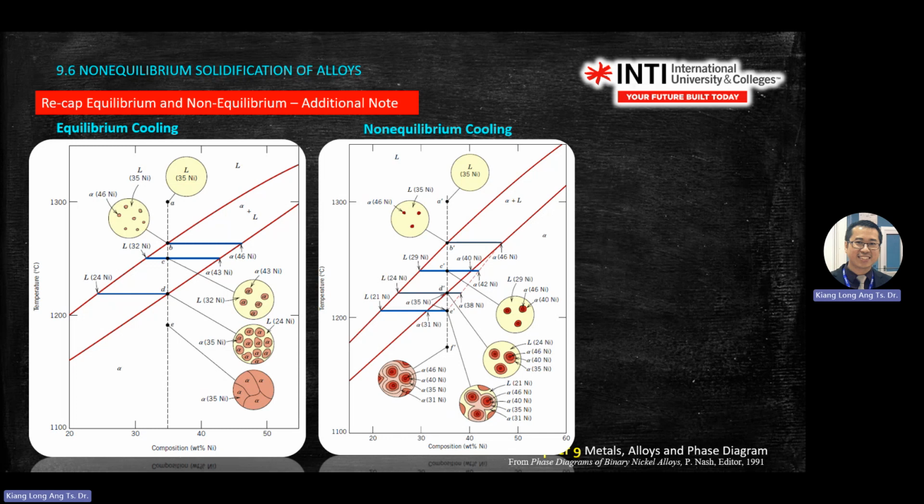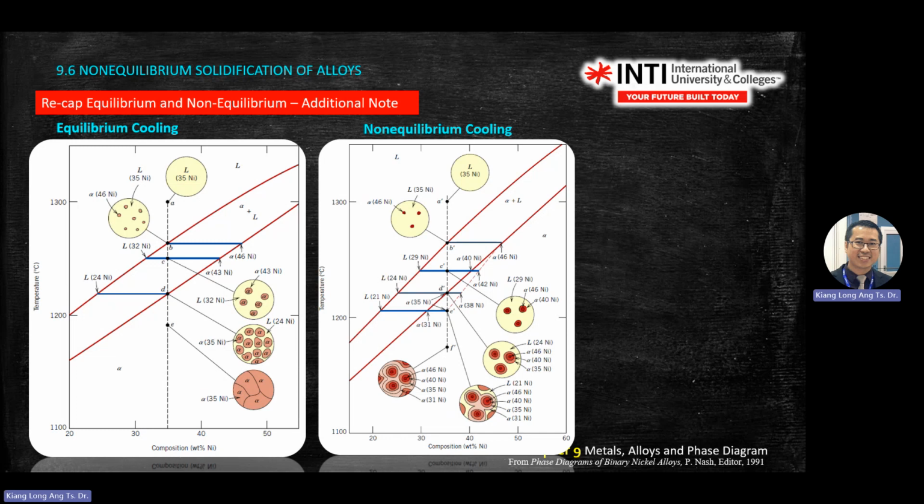D point has already touched the solidus already. D point still has a little bit of liquid. After passing this dot, it is all solid. To the left you still see liquid.